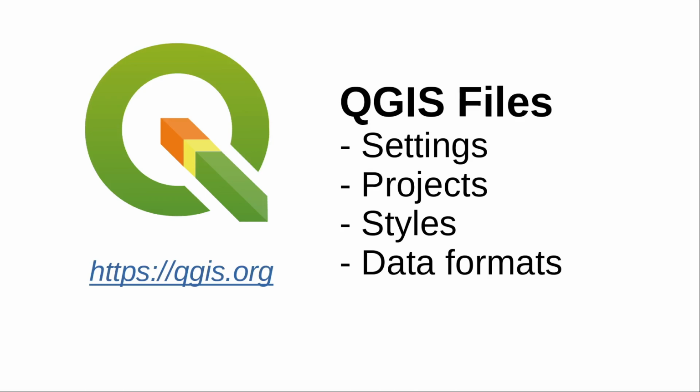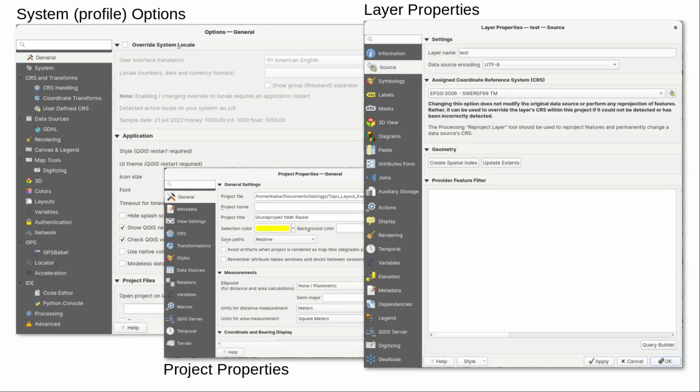So to start, we have settings. First of all, QGIS is installed on your computer, and all your settings are in your user account. If you don't do anything, you will get a default profile as soon as you open QGIS.